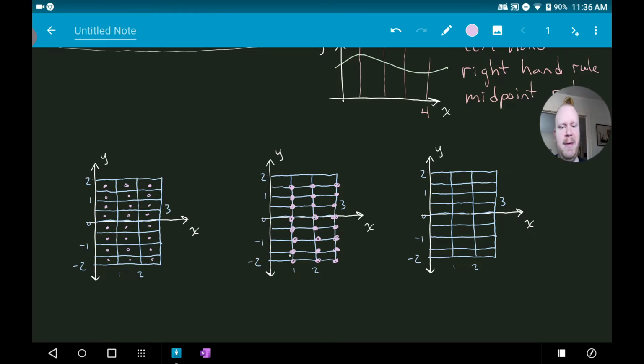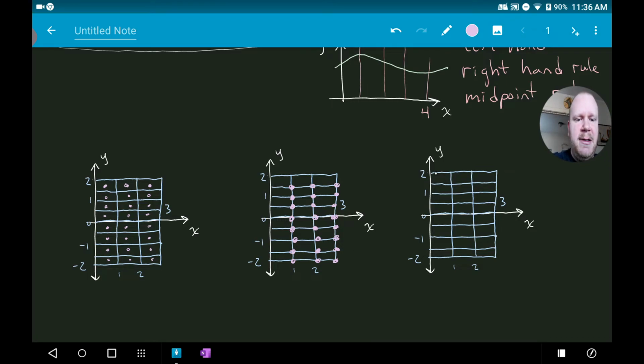But if we want to approximate that volume under the curve, this is always going to be an overestimate, a really big overestimate. That would be like having 5 rectangles here. So we only want to have 24 rectangles, rectangular prisms in this one.